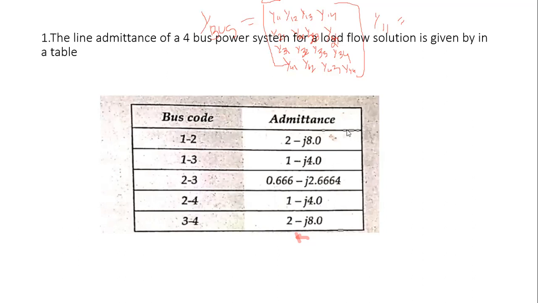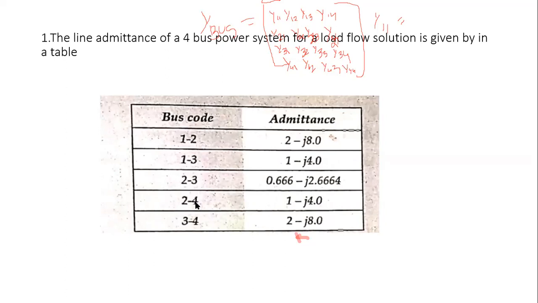Next, Y33: 1 minus j40 plus 0.666 minus j2.664 plus 2 minus j80.